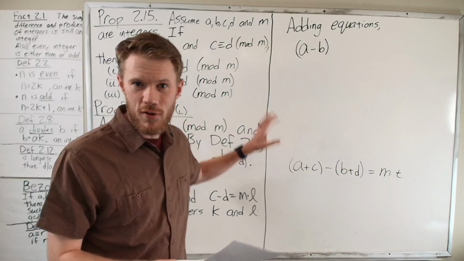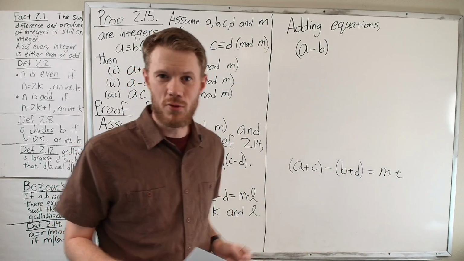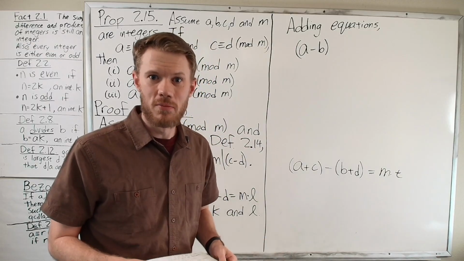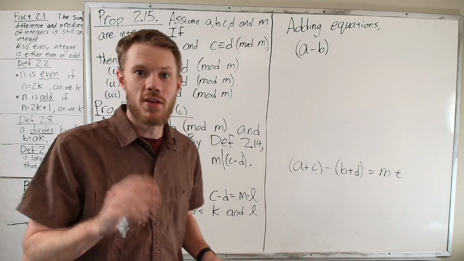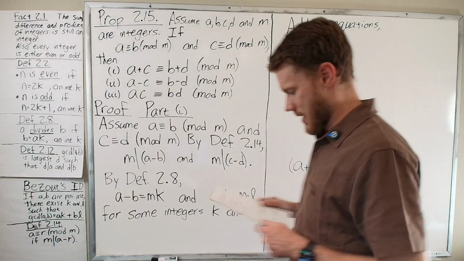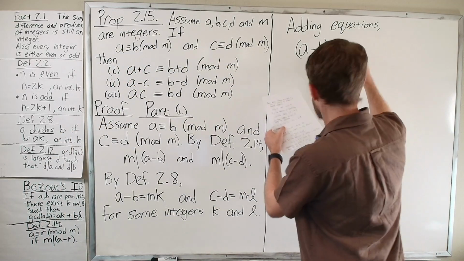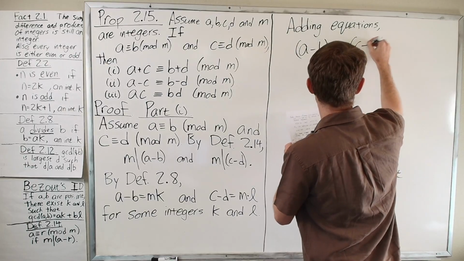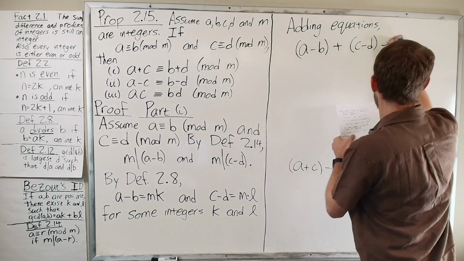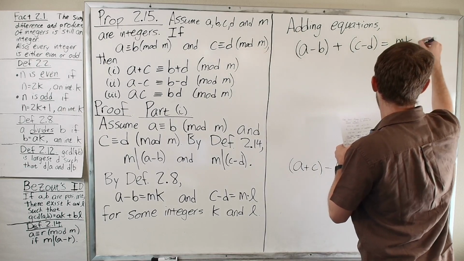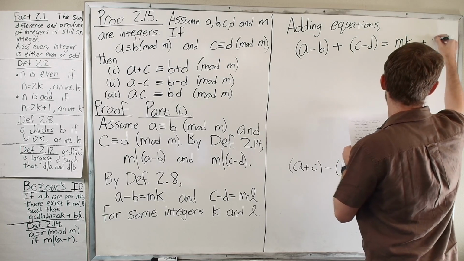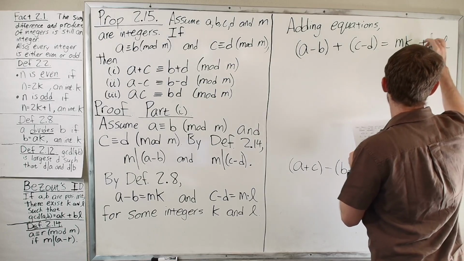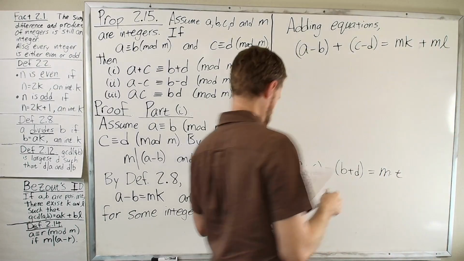Only question is, can you figure out the algebra in the middle third? And also look back to figure out the last third. But try that on your own, and then you can unpause and watch me. Okay, so plus c minus d is equal to mk plus ml. Okay.